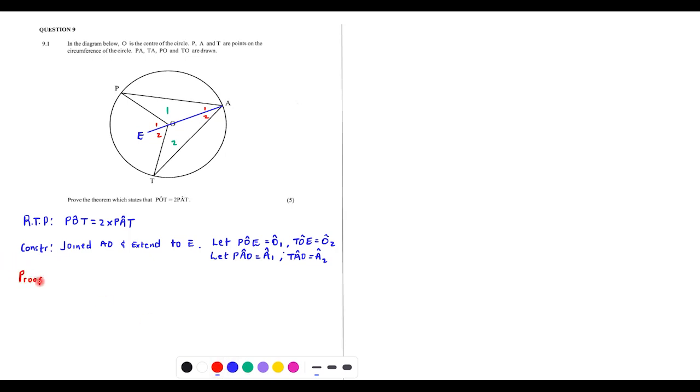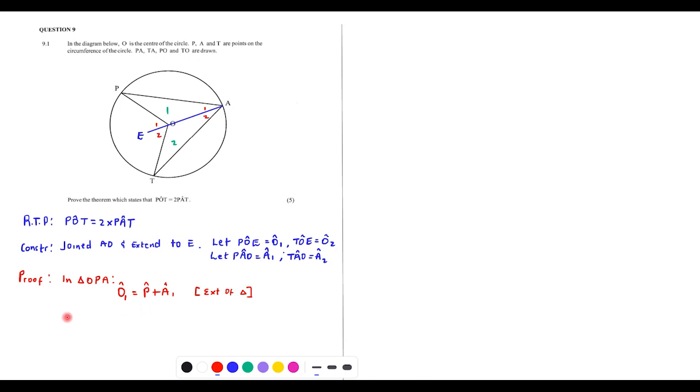Basically, in our proof we're going to calculate O1 in terms of A1. First, looking in triangle OPA, which is triangle 1 in this case, we need to find O1. O1 is angle P plus angle A1, because it is the exterior angle of a triangle.